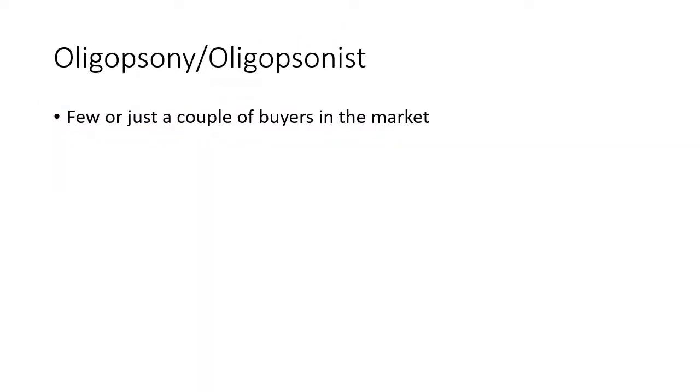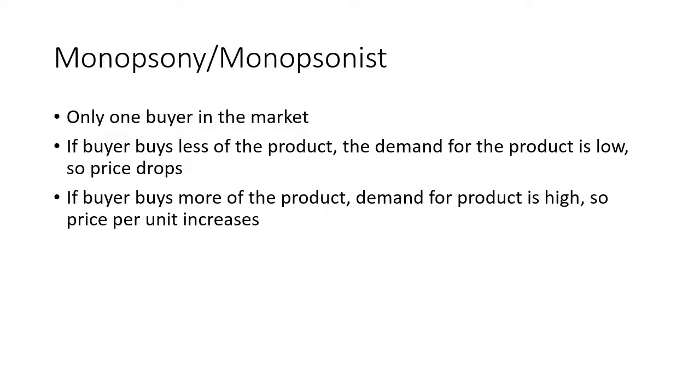So we can also have oligopsony or oligopsonist buyers. This just means that there's a few or just a couple buyers in the market. And then finally, we can have monopsony or monopsonist buyers, which is where there's only one buyer in the market. So this means that the buyer's actions directly and substantially influence the price of the product.